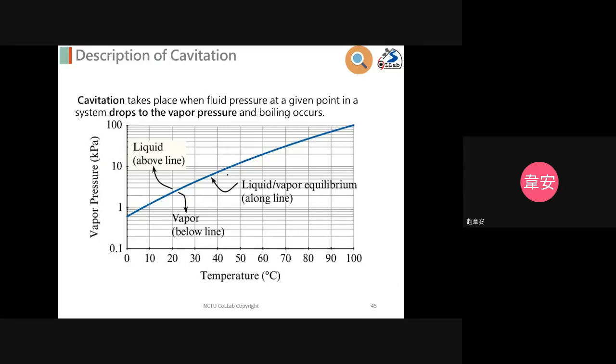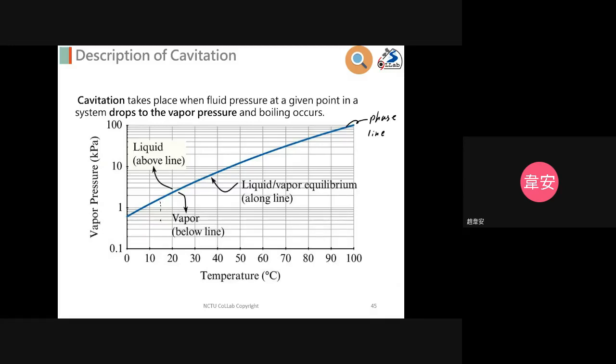As you can see, the solid line here is the phase line. What kind of phase do we have along this line? This is the line between the liquid and vapor phases.